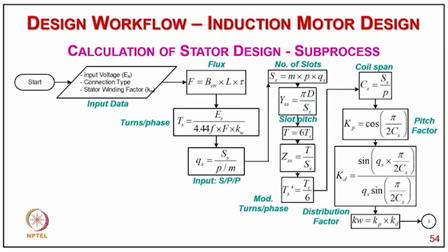Then we calculate the number of total turns, then the conductors per slot, then total number of conductors, then conductors per slot, and we divide by 6 so that we get the effective number of turns properly. Then calculate the coil span according to pole pitch, then we calculate the pitch factor, that is cos of pi upon 2 into pitch, then distribution factor according to distribution of winding, and then winding factor Kp into Kd.